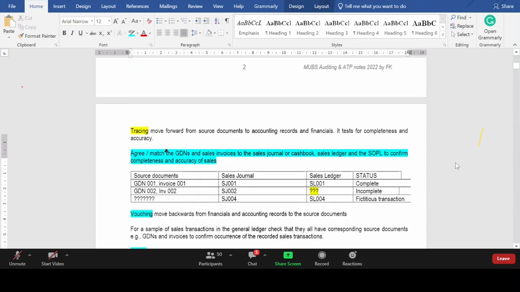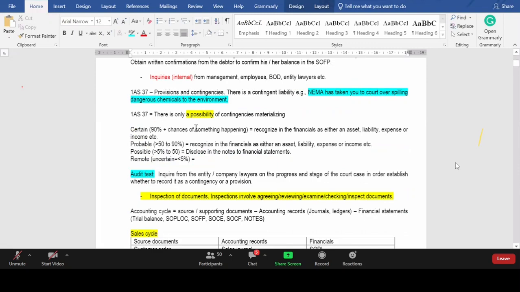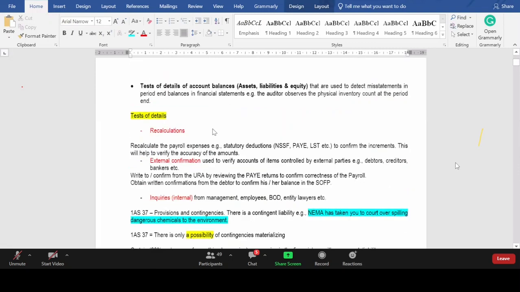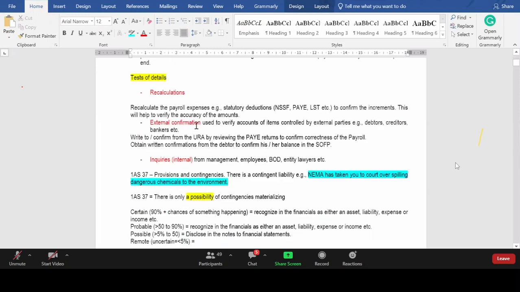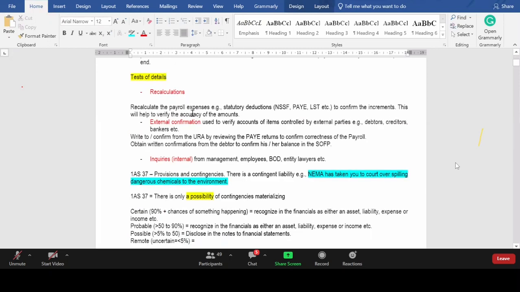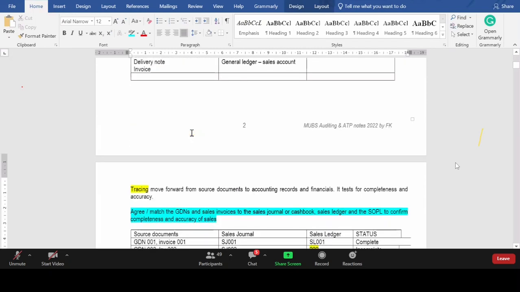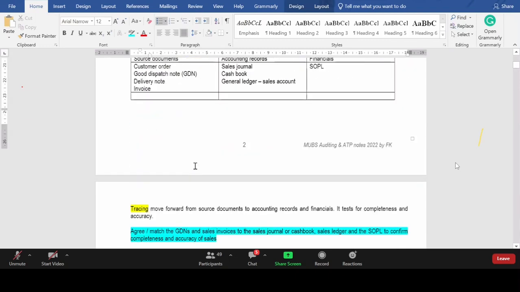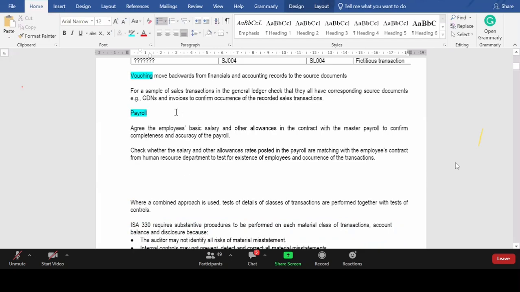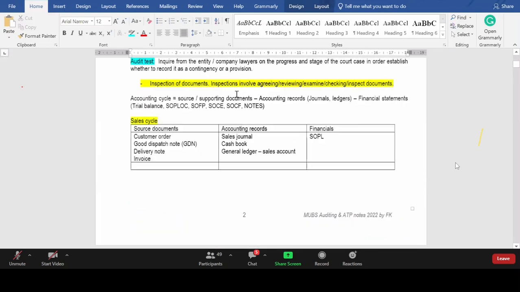So that has been the first test. We started from analytical procedures. We went to recalculations. We went to external confirmation. We went to inquiries. We went to inspections, and in inspections, we started with inspection of documents.